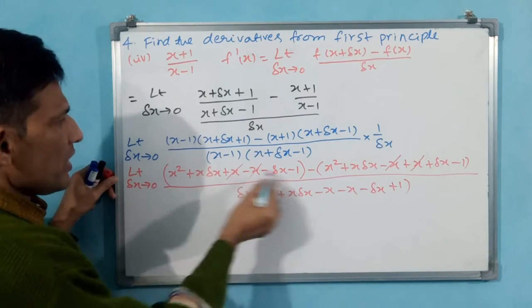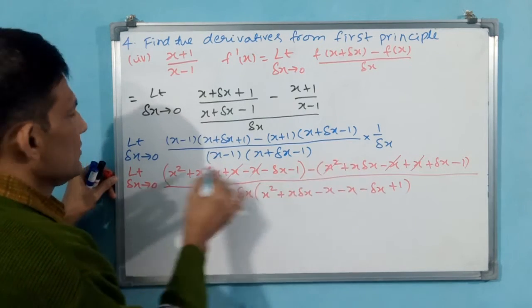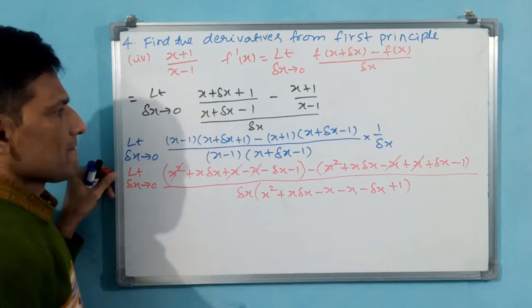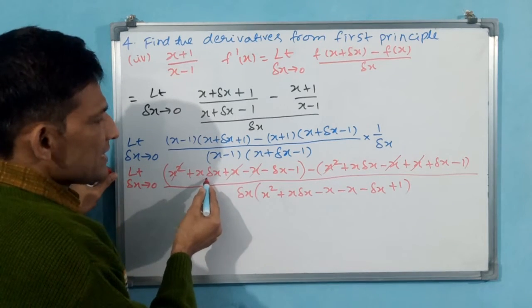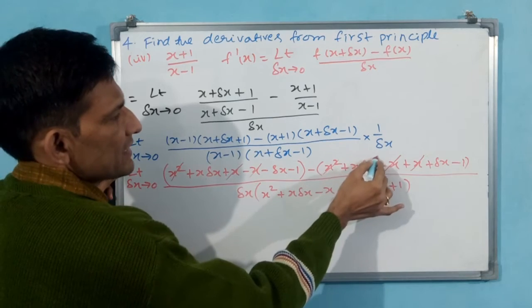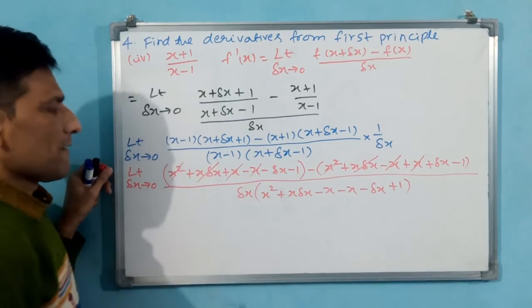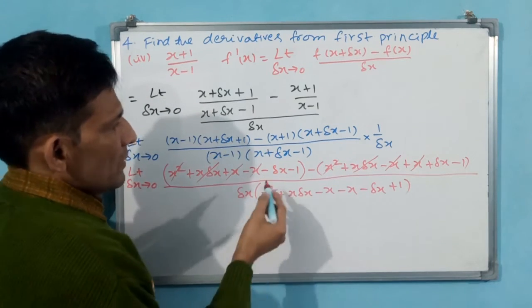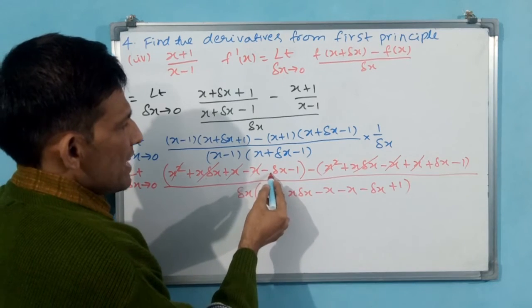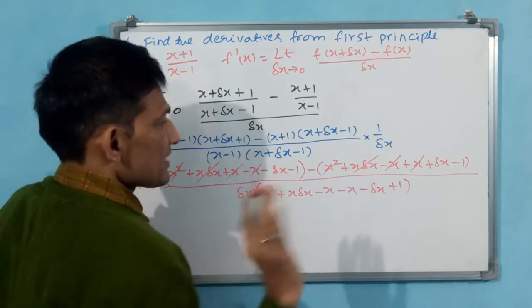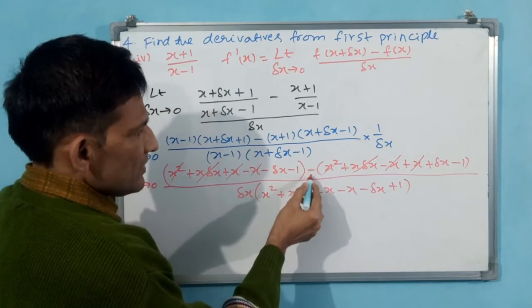Like, see, x square minus x square cancel out. See, x delta x minus x delta x cancel out. Minus delta x doesn't cancel out. I think this you cancel 1.